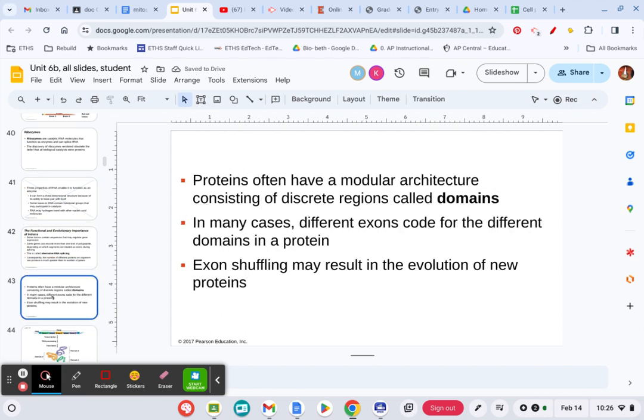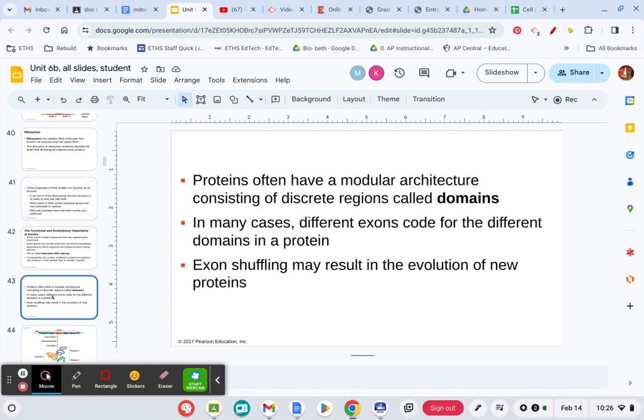Proteins. Back to proteins again. Proteins have domains. Domains are parts of the protein that will have distinct shapes, distinct structures to them. And oftentimes, each exon will code for a different part or different domain within the protein.